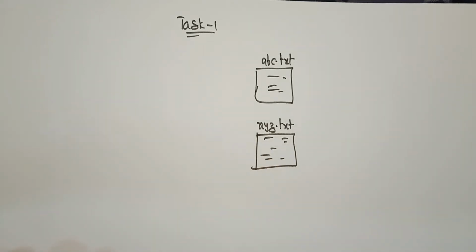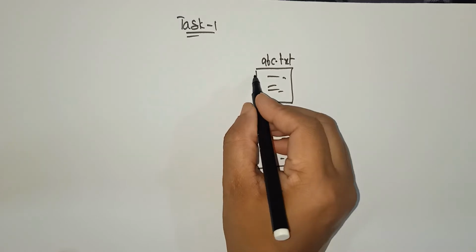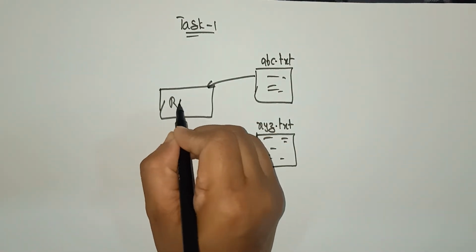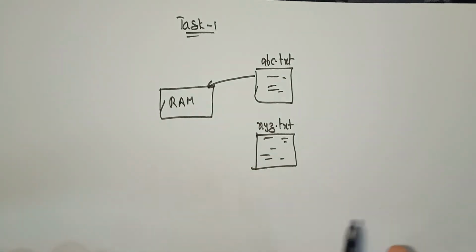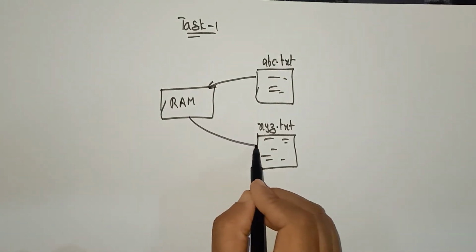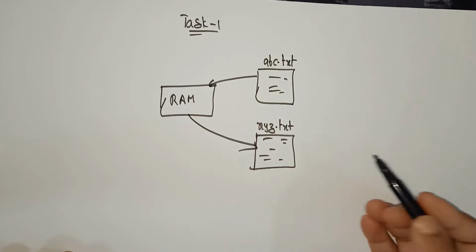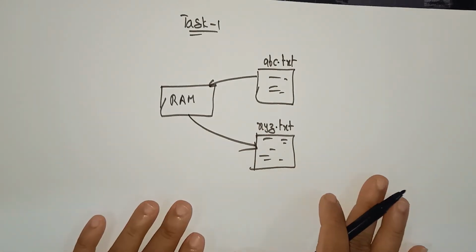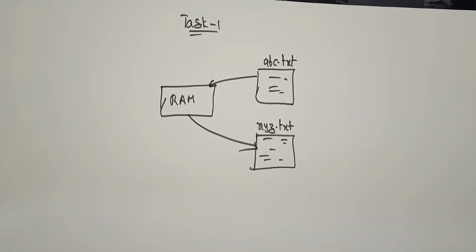We have to take the file abc.txt and place it on the RAM, do some modifications, and send that file to xyz.txt. So this is our task. How do we write the program for this task?